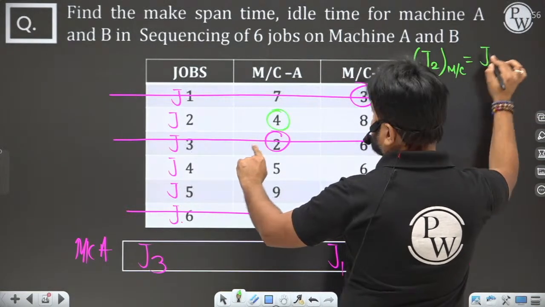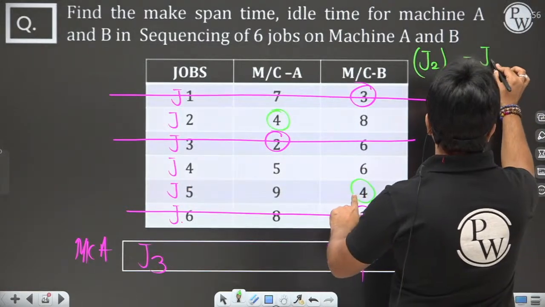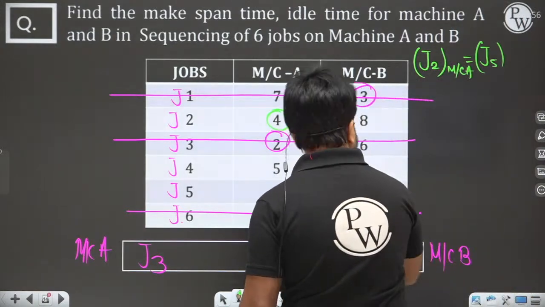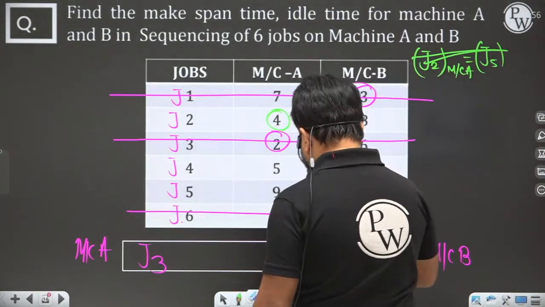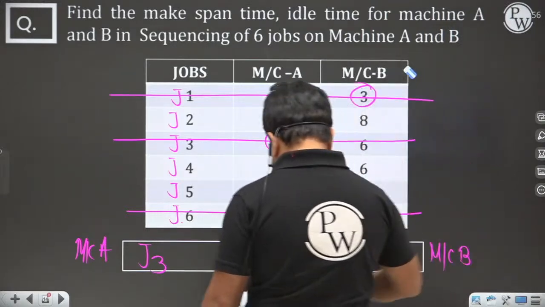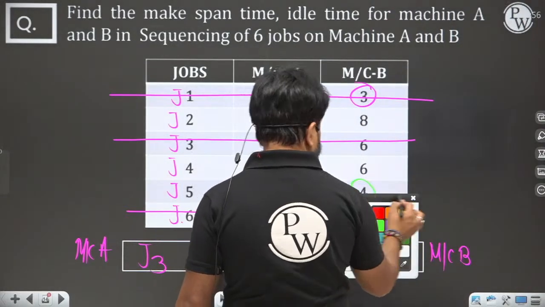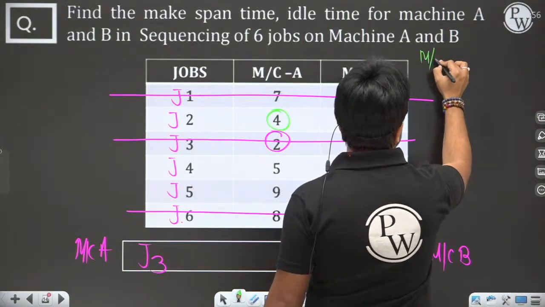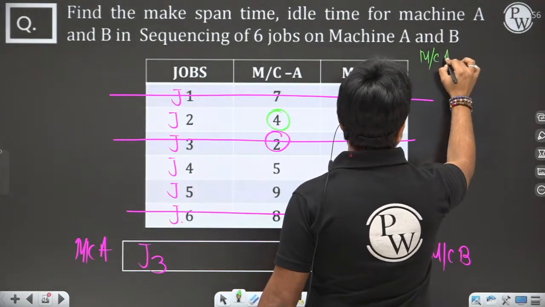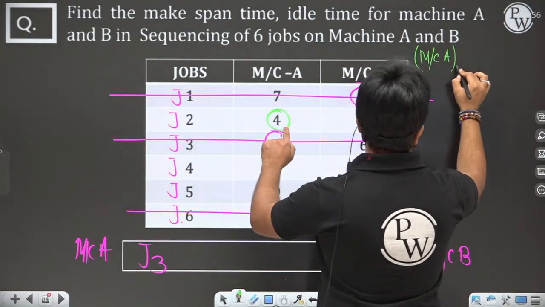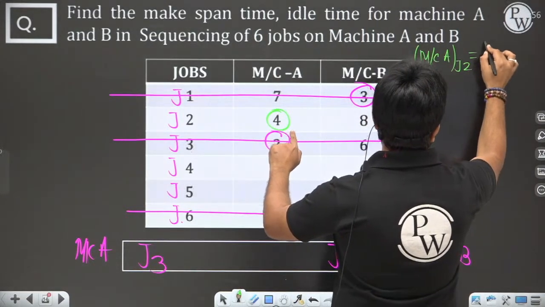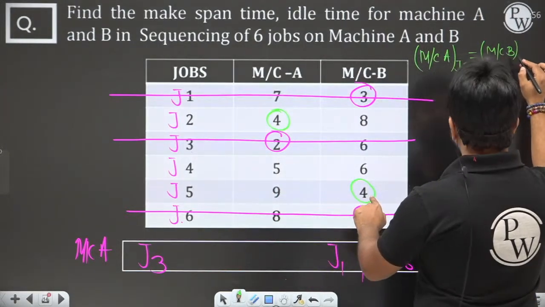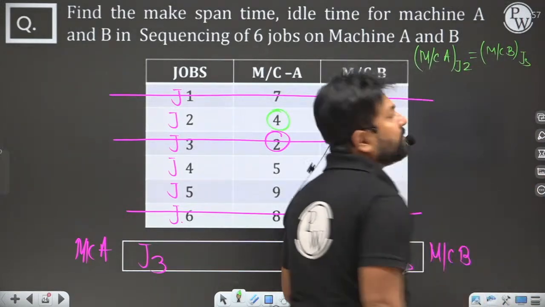equal to the processing time of J5 on machine B. Please listen to me carefully. On machine A, the processing time of J2 is equal to, on machine B, the processing time of J5.